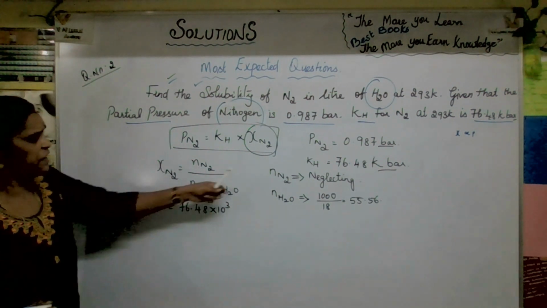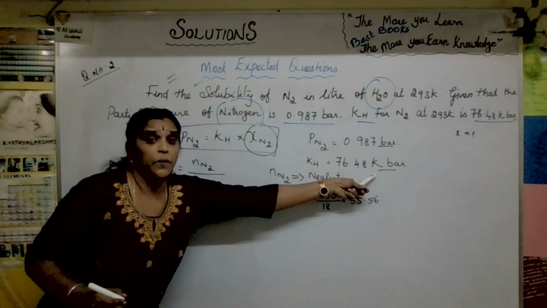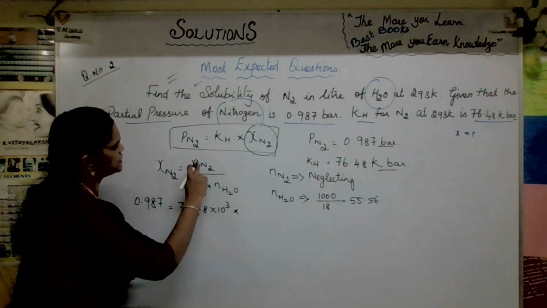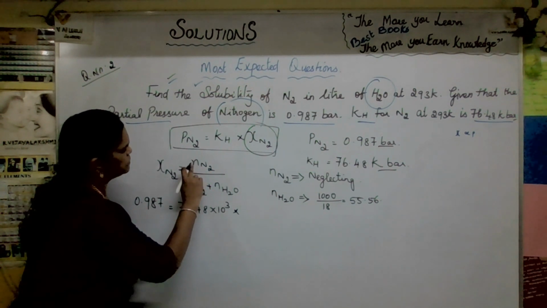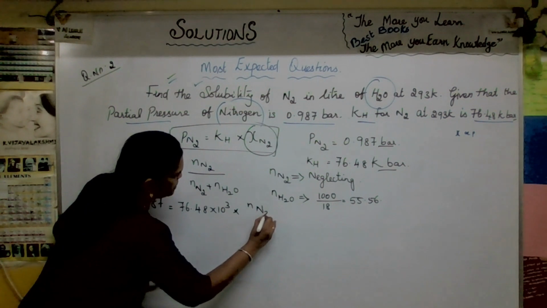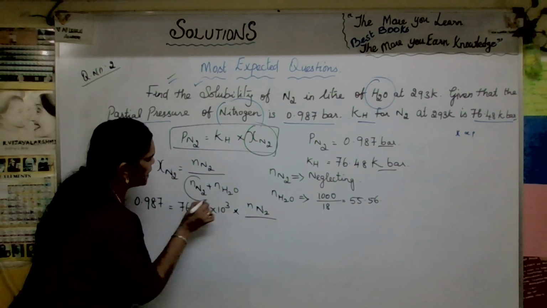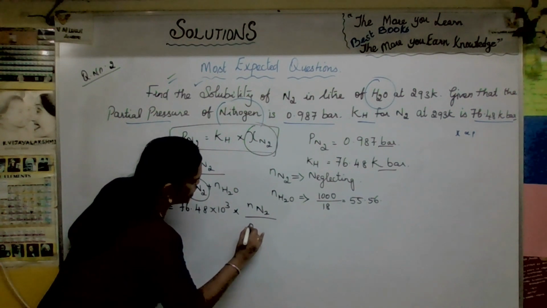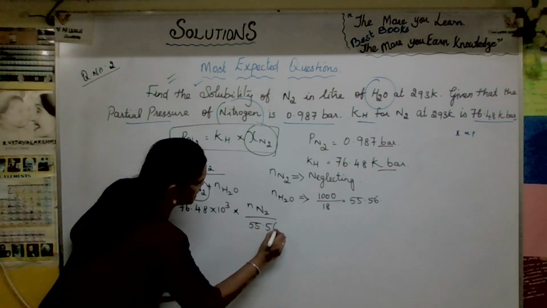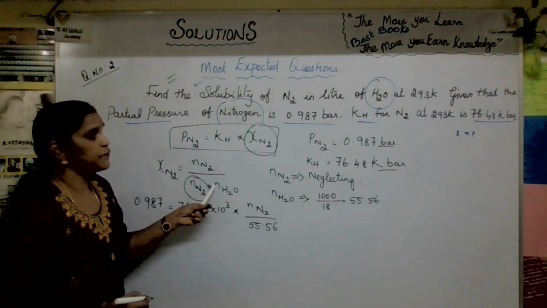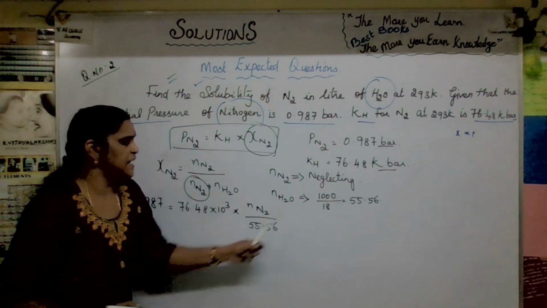Why did I put 10 to the power of 3? Because it is kilobar, as I just mentioned. Into the number of moles of nitrogen divided by 55.56, the neglected point being kept aside. Why did I mention 55.56? It is the number of moles of water, as I just mentioned.